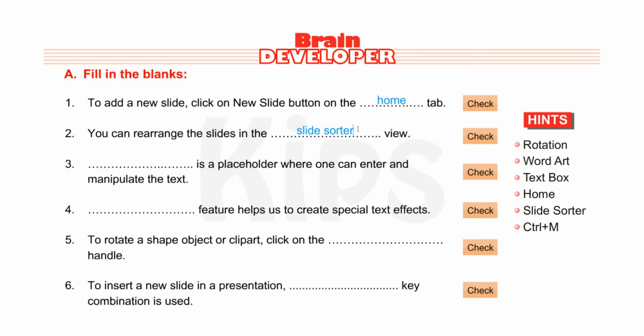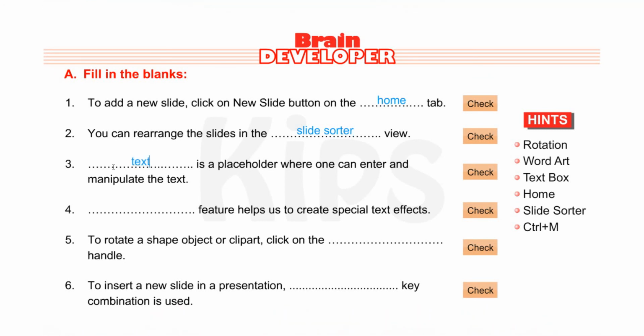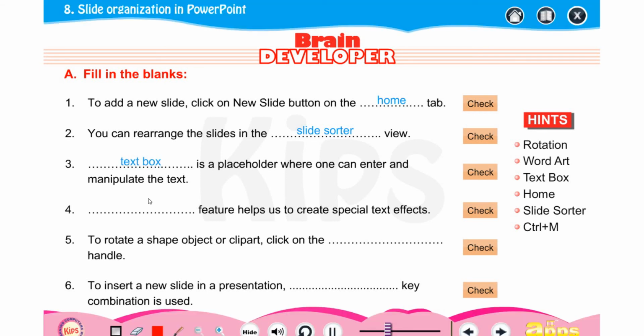Next one: dash is a placeholder where one can enter and manipulate the text. So the placeholder is text box. Next one: dash feature helps us to create special text effects. So the answer is word art.